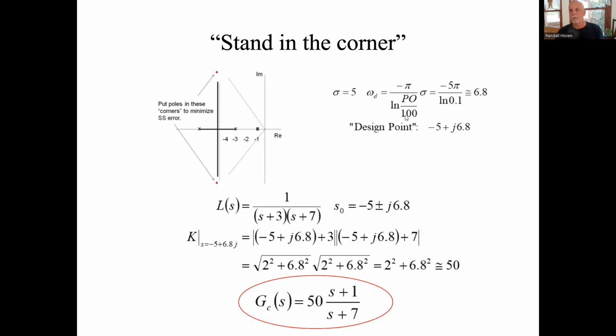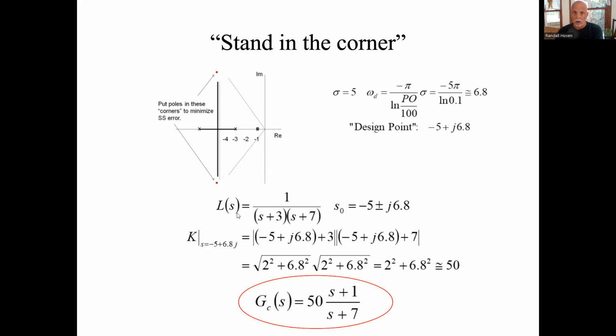Here was a calculation, again, previous videos. It says at omega D equals 6.8, which means the imaginary part of 6.8. Actually, if I had this to do over again, I would back it off just a little bit so I don't touch this line. I probably would have picked 6.5. Well, let's say our design point is minus 5 plus j 6.8.